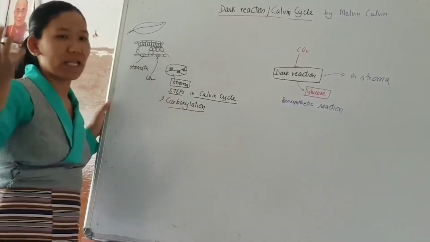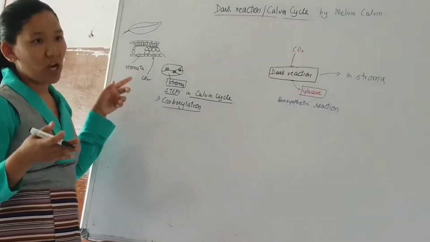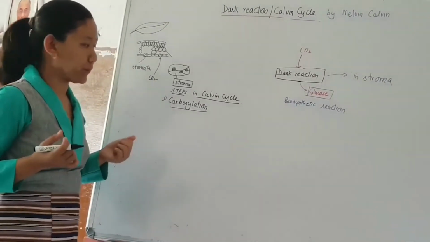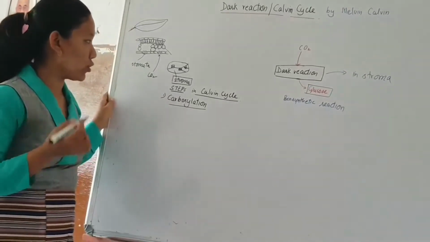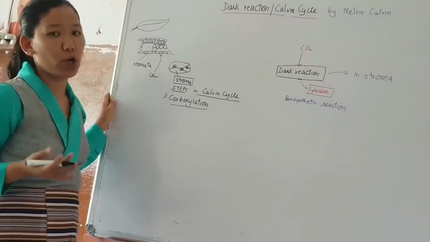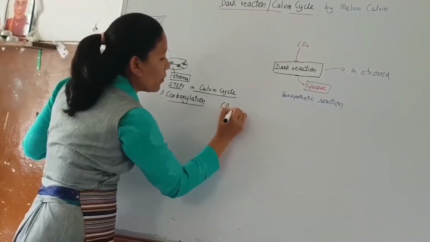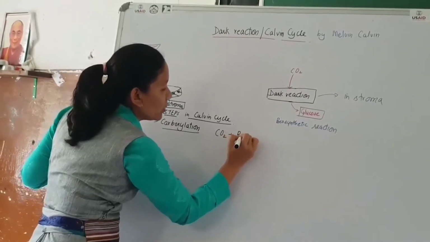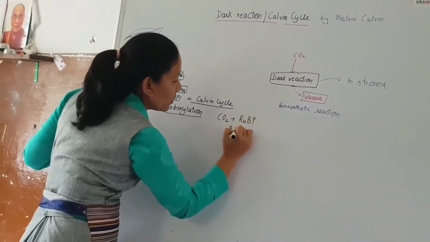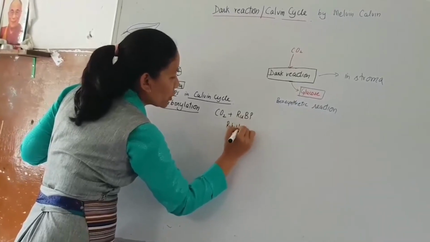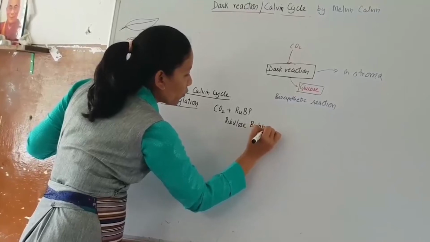Carbon dioxide is available in the atmosphere and it gets into the plant through the stomata. Now there should be an acceptor. So the primary acceptor of carbon dioxide is RuBP, that is ribulose bisphosphate.